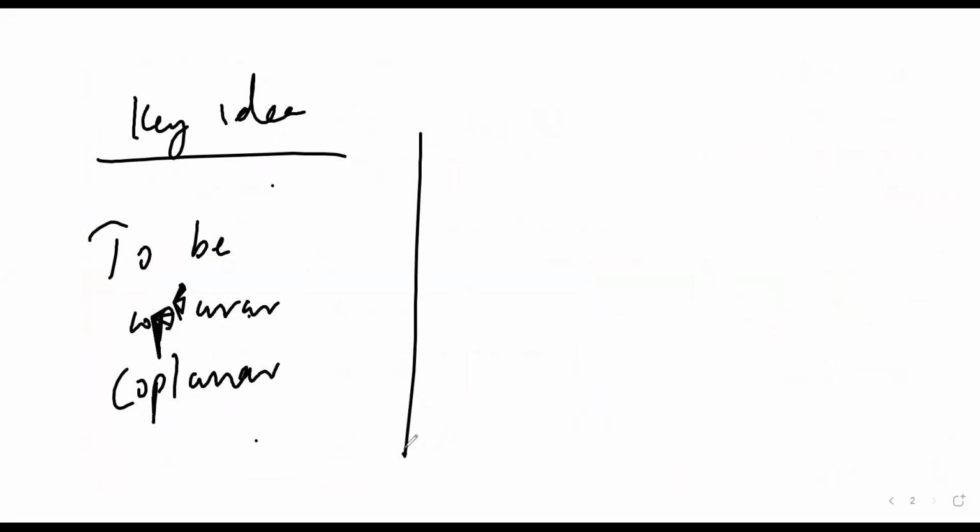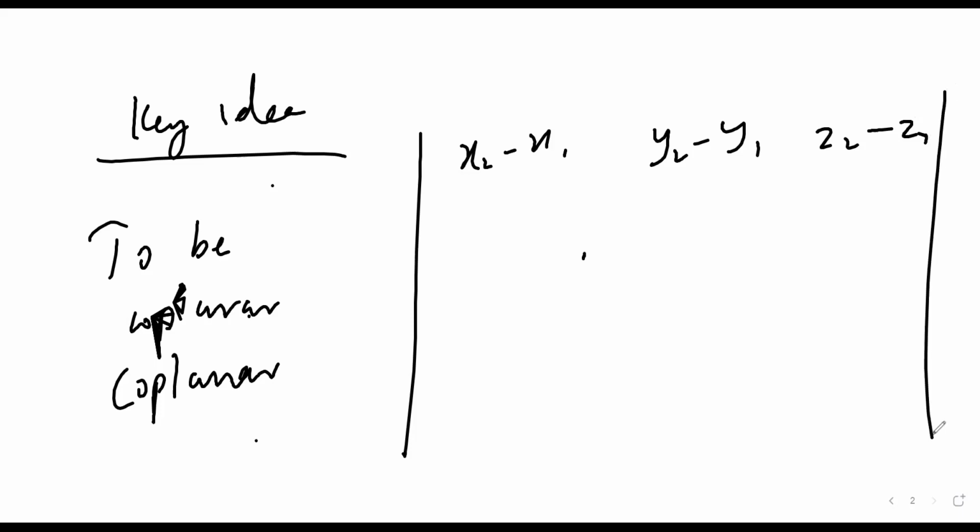Correct. So what is it actually? x2 minus x1, y2 minus y1, and z2 minus z1. Correct. And here I'll write what? a1, b1, c1, a2, b2, and c2. But guys, coming to this, it's very easy if you know this thing.